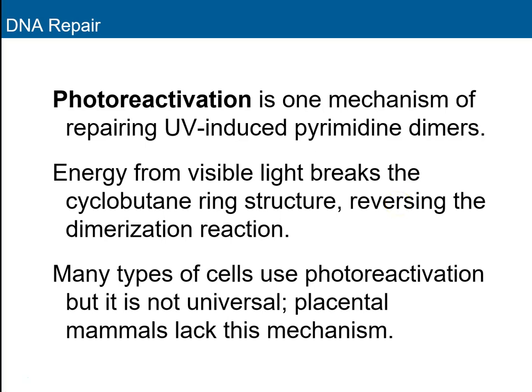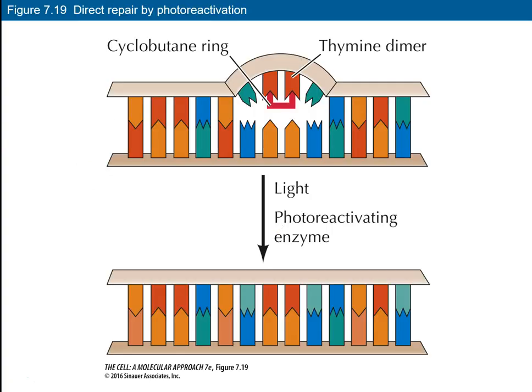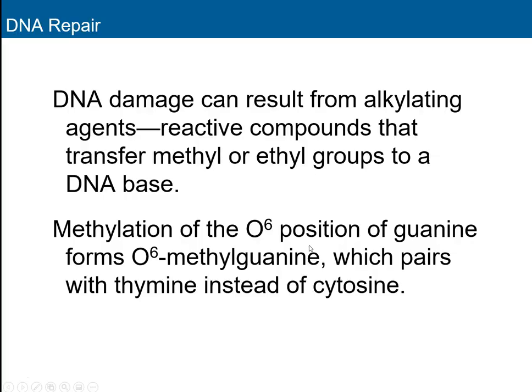The direct reversal mechanism to repair UV-induced pyrimidine dimers is called photoreactivation. It breaks that bond and directly removes that dimer. This is photoreactivation.